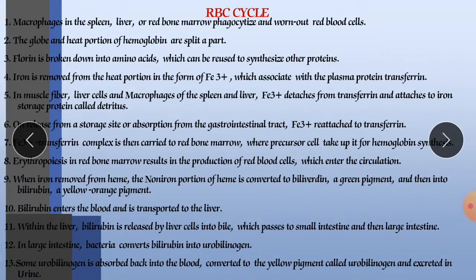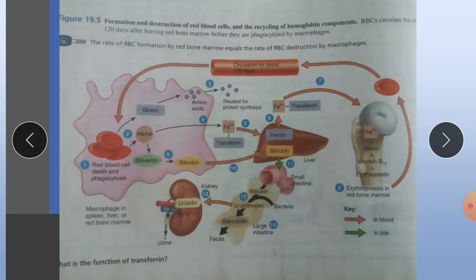Now the next point: in muscle fibers, liver cells and macrophages of the spleen and liver, the Fe3+, meaning iron, detaches from the transferrin and attaches to the iron storage protein called ferritin. So from the transferrin, which carries iron from the blood toward our liver, it can be stored in the form of ferritin.